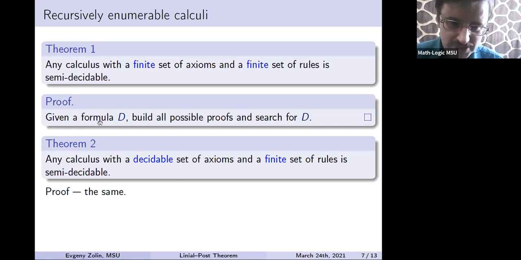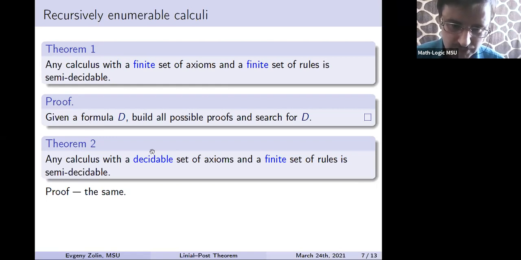And in fact, the proof is the same. We build all possible proofs one by one. We simply build all possible sequences of formulas, and for each sequence, we check, is it a proof or not? And this is a decidable property, because for each formula, we need to check, is it an axiom?